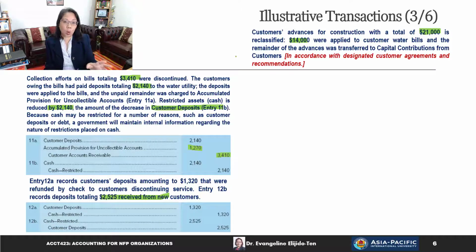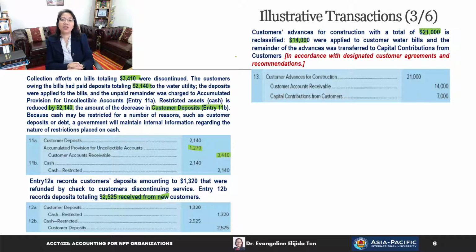So this is in accordance with designated customer agreements and the NARUC recommendations. All right, so the entry would be to debit customer advances for construction 21,000, and credit customer accounts receivable for 14,000, also credit the capital contributions from customers for the remaining balance, 7,000.